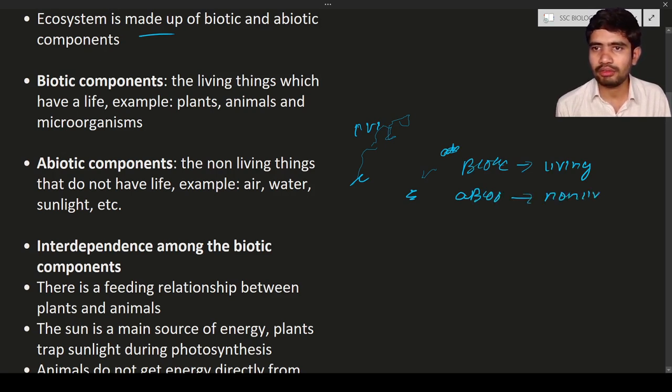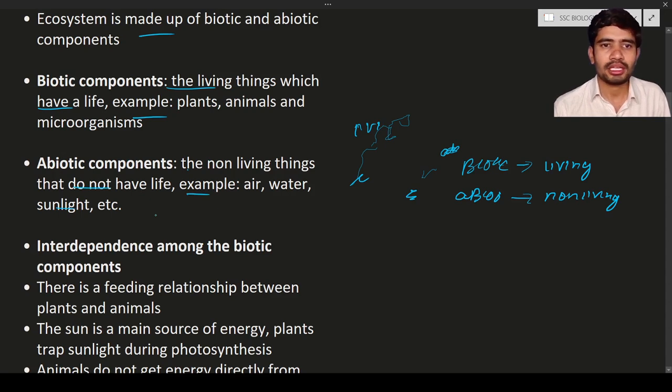So biotic components are living things which have life, for example plants, animals, microorganisms, etc. Abiotic components are things that do not have life, for example air, water, sunlight, etc. They are all abiotic components.